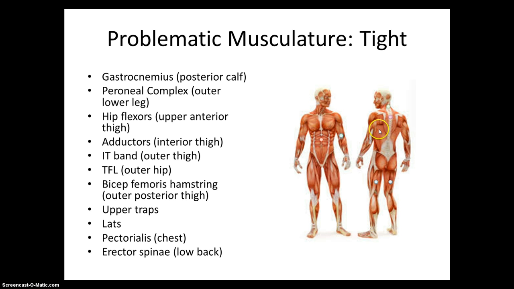This is where the lat tightness can transfer into low back pain. Pectoralis, as that shoulder rounds, becomes shortened here. And then the erector spinae, which are difficult to see here because we have the latissimus dorsi and the trap over top of it, but runs underneath and along the spine on either side.